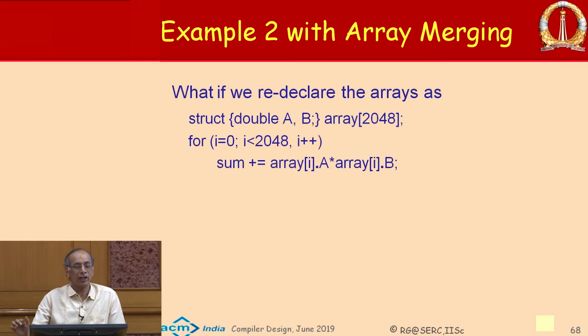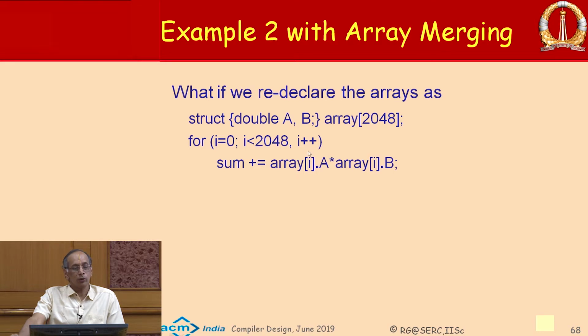You could have also done another thing, right? If you are going to have this kind of a thing where you have A and B, instead of having them as two arrays, you can have it as an array of structures, right, where the structure has two elements A comma B, right. So, this is what is called structure of arrays versus array of structures, right. So, this is an array of structure idea.